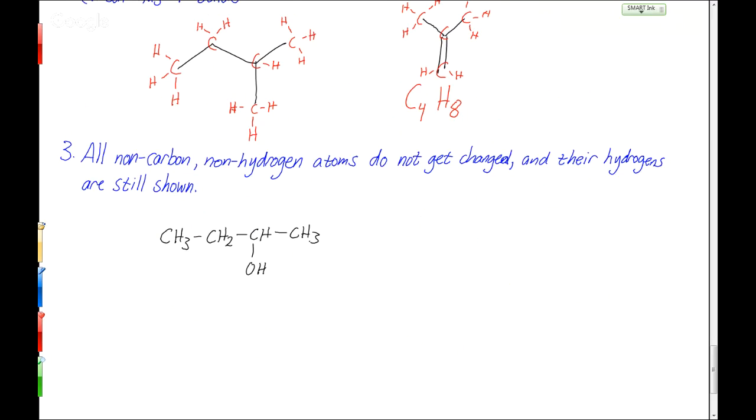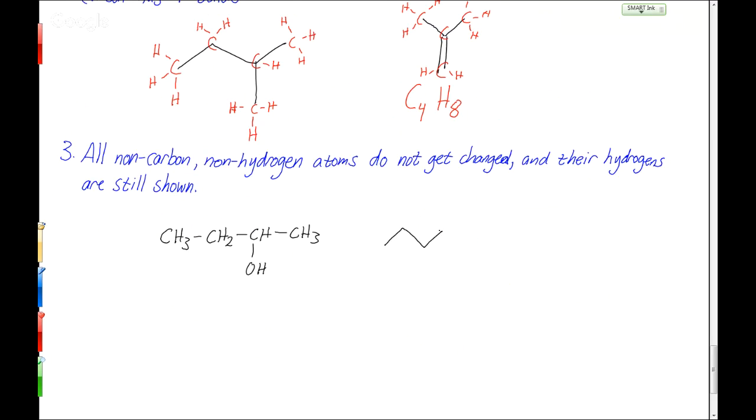It's an oxygen with a hydrogen on it. So when we're thinking about how to build a line structure, first thing you do is figure out what the longest chain is, just like when you're naming, so that you can draw a line structure of that longest chain. In this case, it's 4 carbons. So we're going to draw 4, 1, 2, 3, 4, like that to make our line structure.